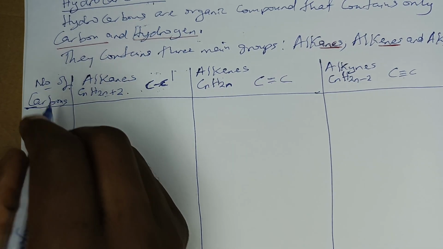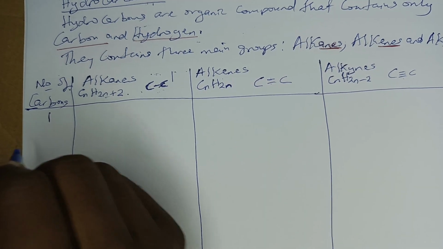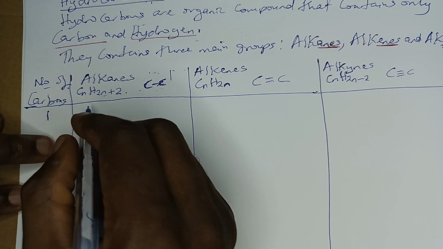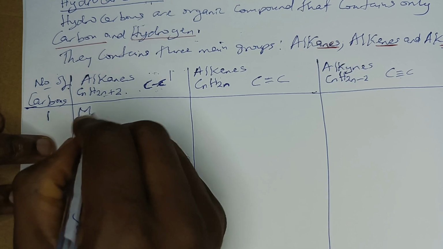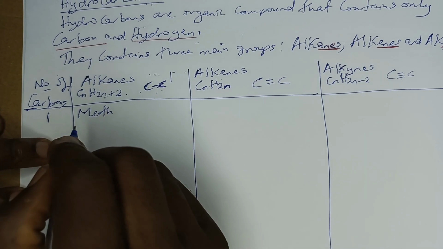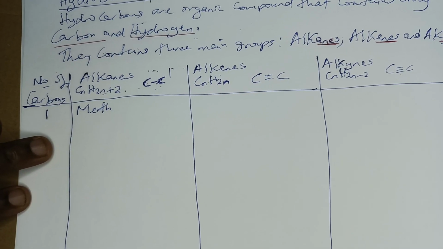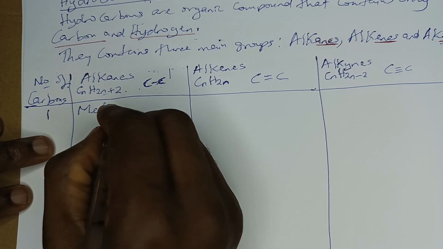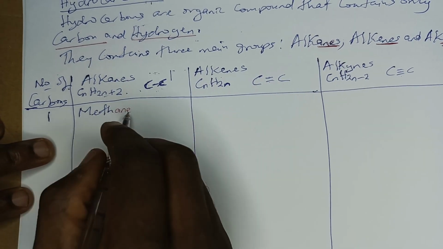The first one here, we have one carbon, just one. What are we expected to see? We call it meth, the first name for the first carbon, and we finish it with ANE. That's methane.